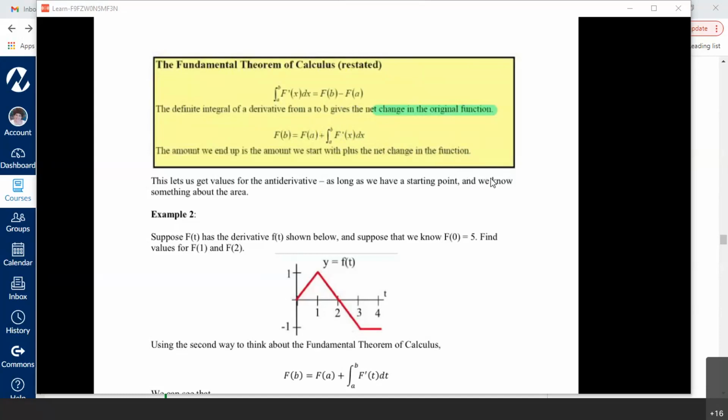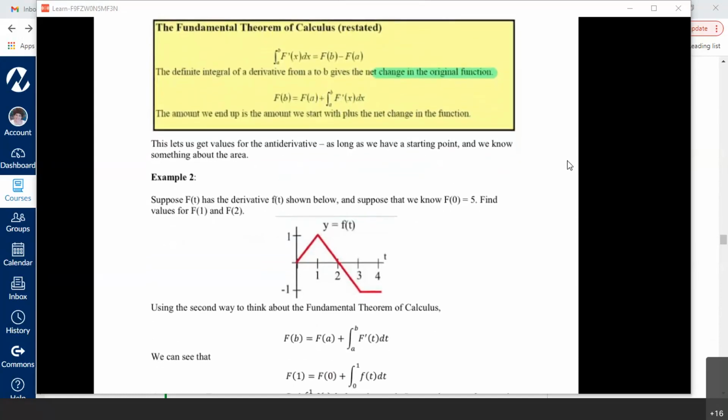So let's take a look at how this works. And again, the point of all this, nobody really does it this way. I mean, there is numerical solving of integrals, but nobody's really doing it this way. They're showing you this to make sure the concept makes sense. So this lets you get values for an antiderivative as long as you have a starting point and you're able to tell something about the area under the rate curve. So they're saying, suppose capital F of t has the derivative little f of t.